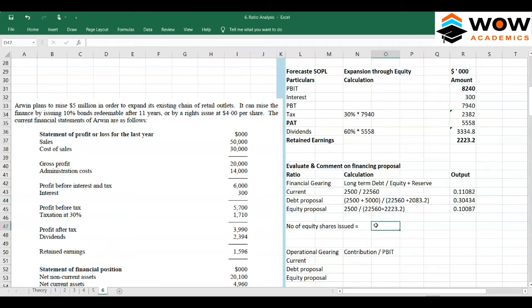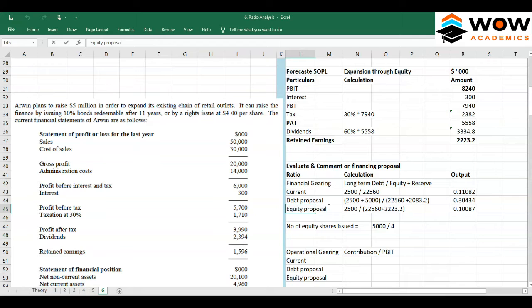Okay, so the number of new equity shares issued: totally we want to raise 5,000, and if it's going to be raised by $4 shares, I think that's the number of equity shares issued. What we want is, this will give you the total number of shares.